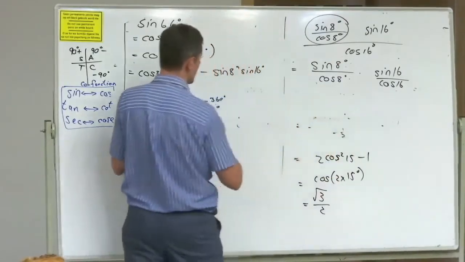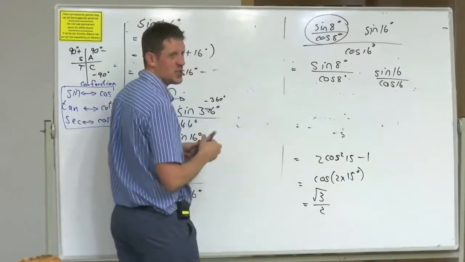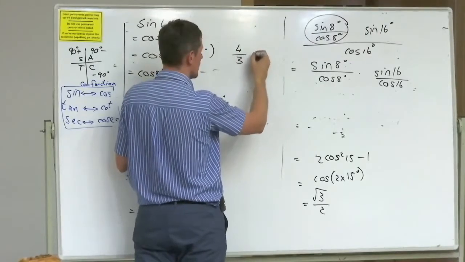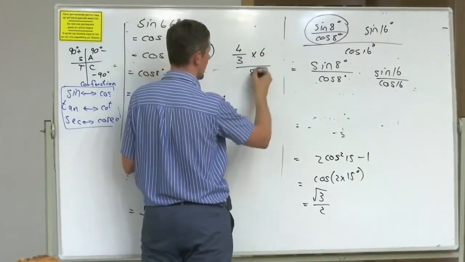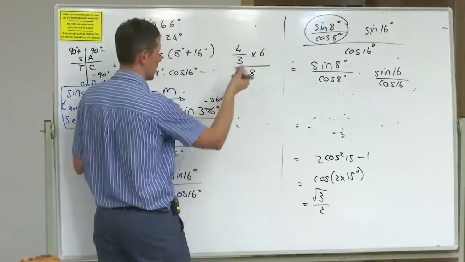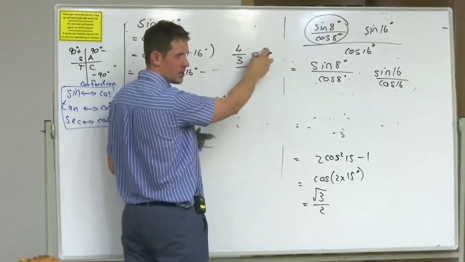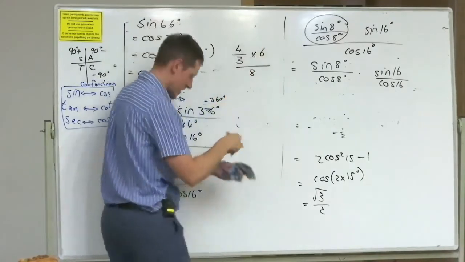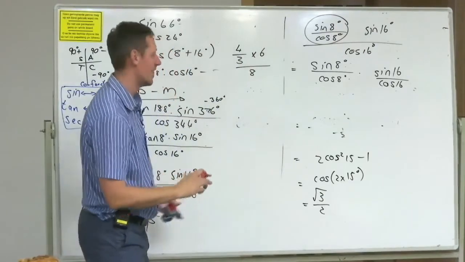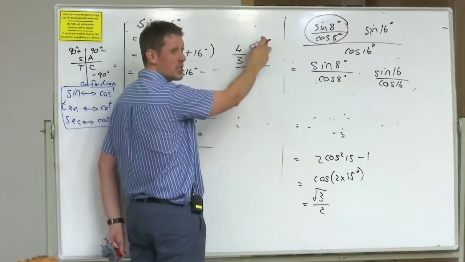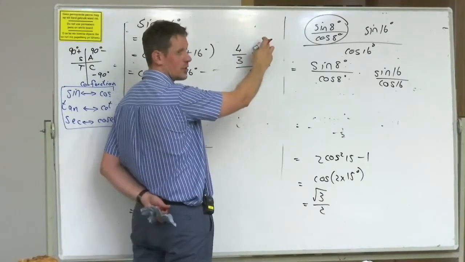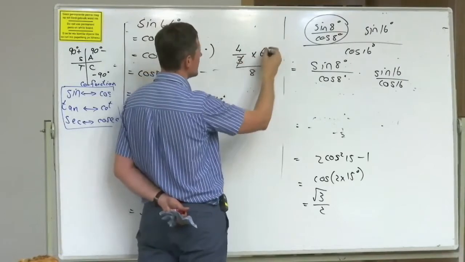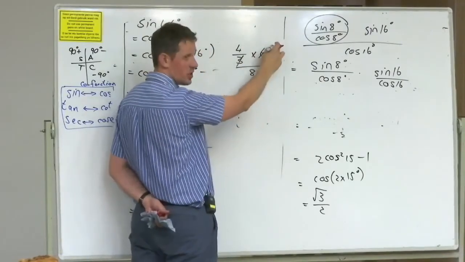Now I can show you how this works by using just pure maths. If I go 4 over 3 times 6 over 8, 3 goes into 6 twice. 4 times 2 is 8.